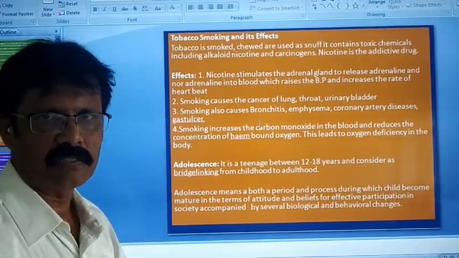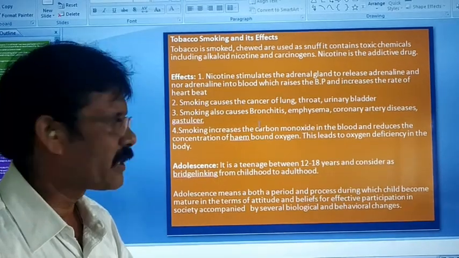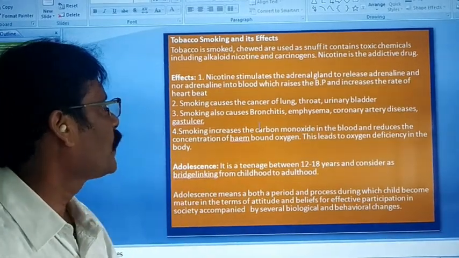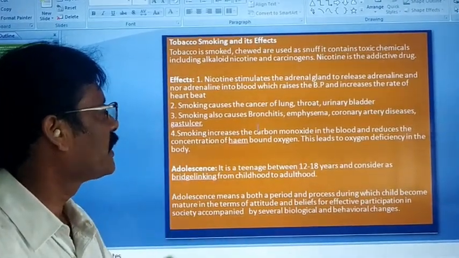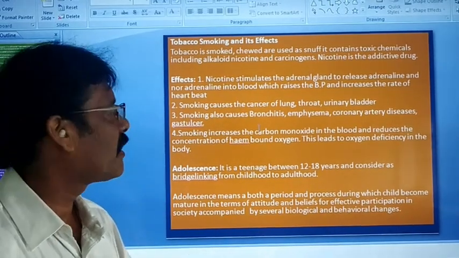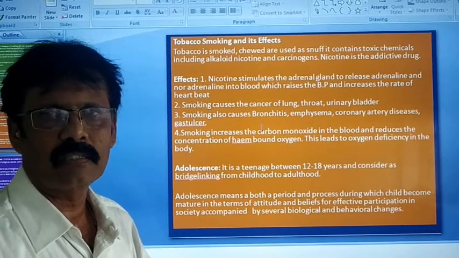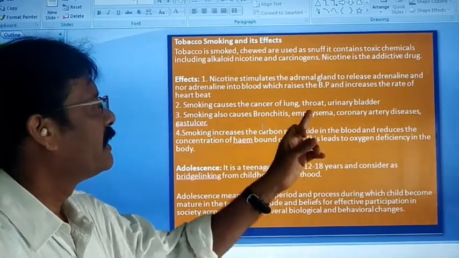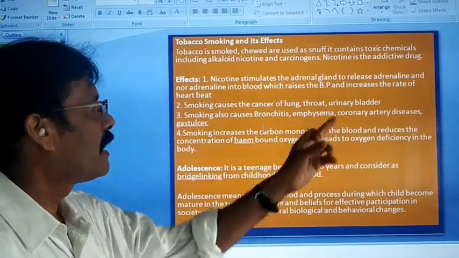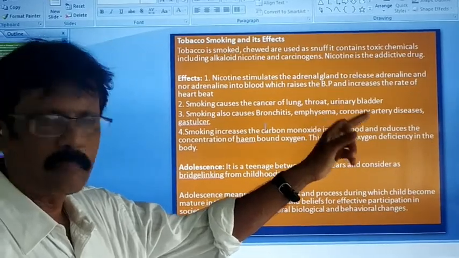Number 2, smoking causes cancer of lung, that is bronchogenic carcinoma, cancer of throat and cancer of urinary bladder.